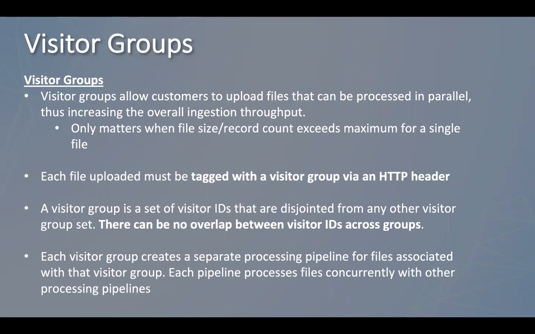So if I'm sending 3 files with all of this history, I need to make sure that there's no overlap between visitors in any of those files. And one of the benefits also is that each visitor group creates a separate processing pipeline for files associated with that visitor group. So those are allowed to process concurrently with other processing pipelines if you were to send, say, 3 or 4 files at the same time.